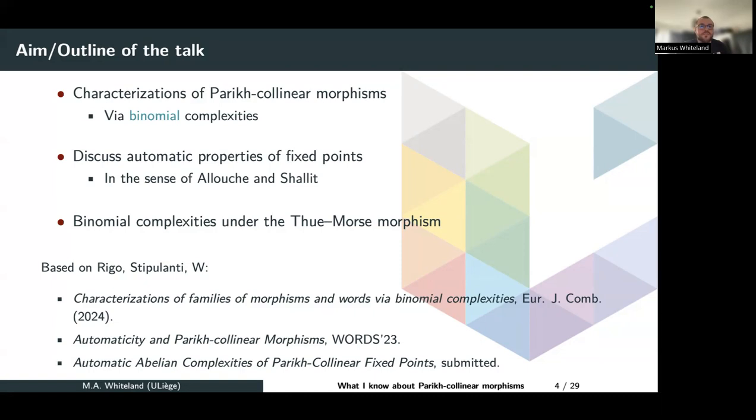I'll also discuss some automatic properties of fixed points of Parikh-collinear morphisms, and then further inspect what happens to binomial complexities when we apply the Thue-Morse morphism to infinite words. This is based on the joint work with Michel and Manon, as you can see on the slide.